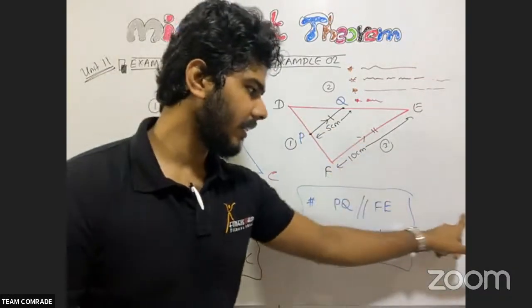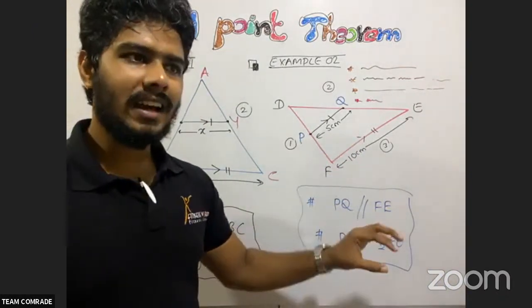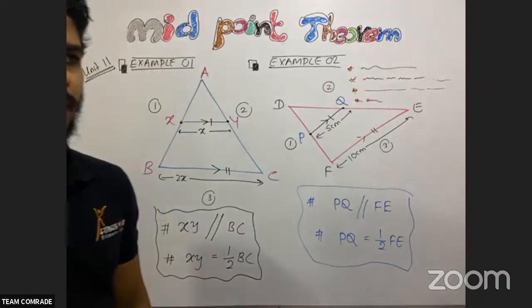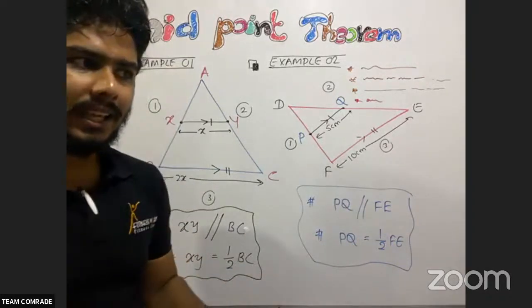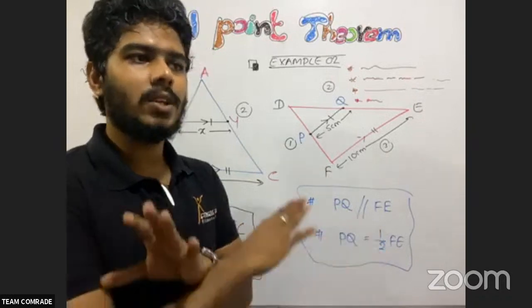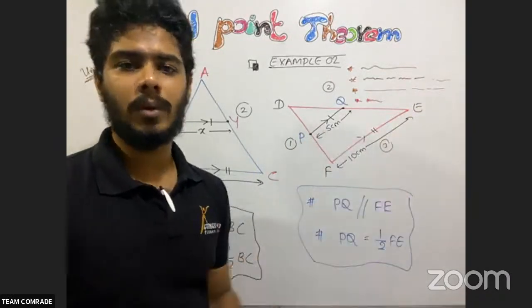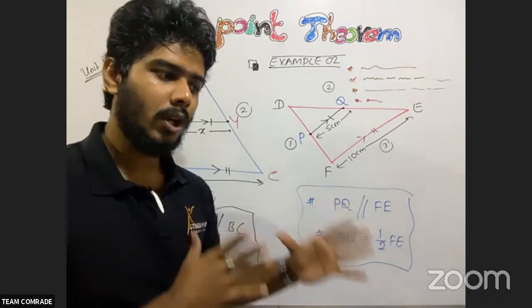So for what they are asking, one by one you have to clarify, thinking the person I am explaining to does not know anything. Step by step, one by one, we have to prove it.